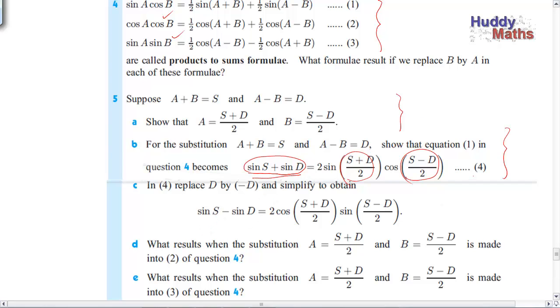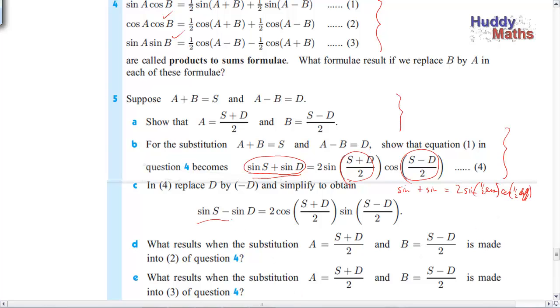Sine plus sine, the sum of 2 trig functions, can we change it to a product? So here it is, sine plus sine is 2 times sine half the sum, cos half the difference. That's how you would apply it.